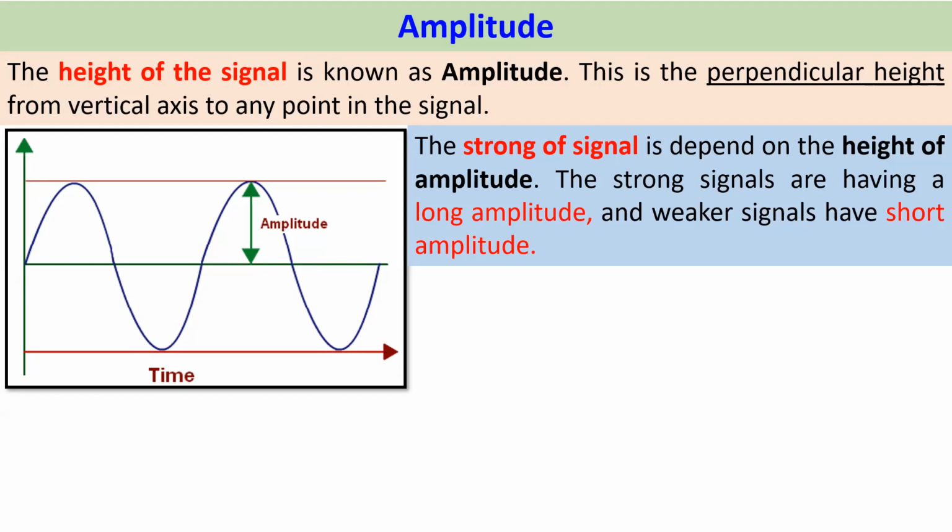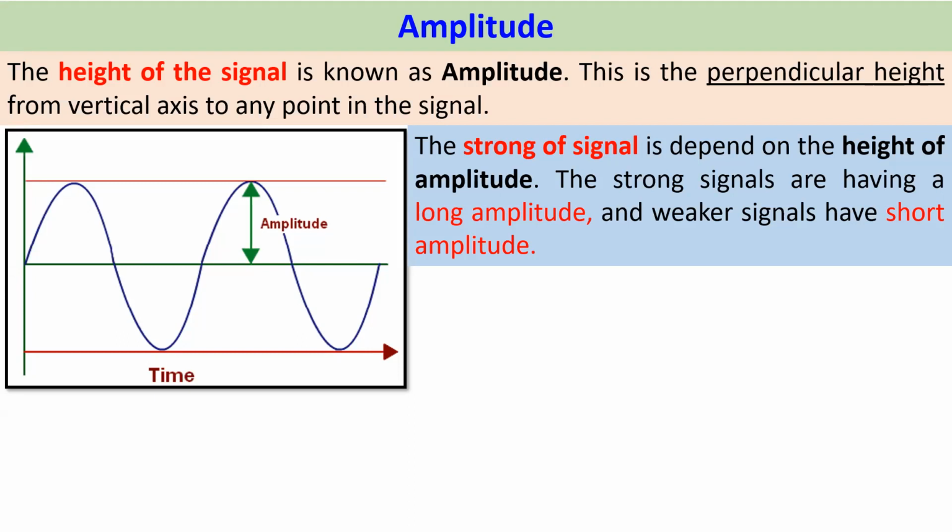For example, suppose your voice. Your sound travels through voice signals. Whatever sound you produce through your body, your mouth, that particular sound travels through air in the form of voice signals.